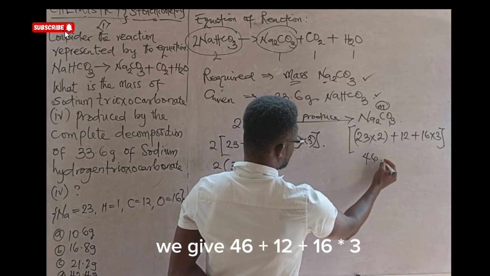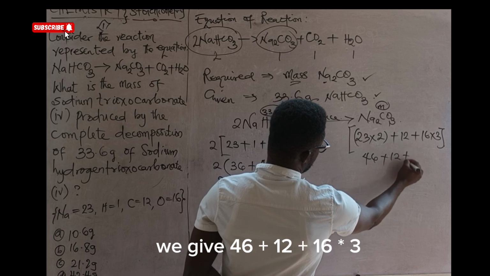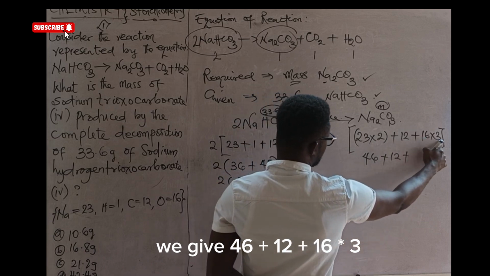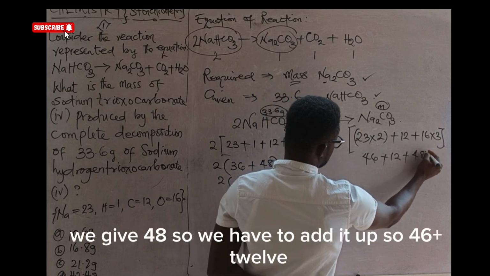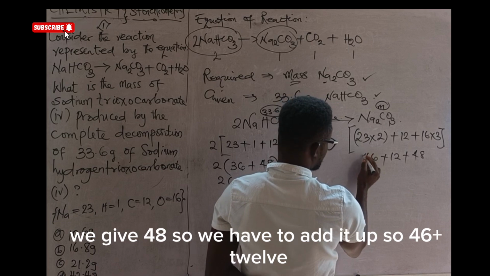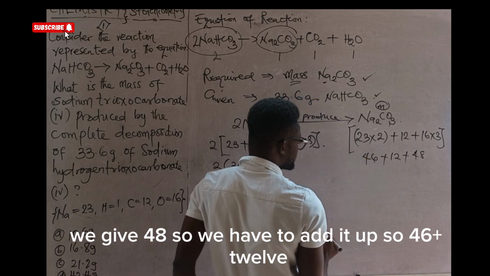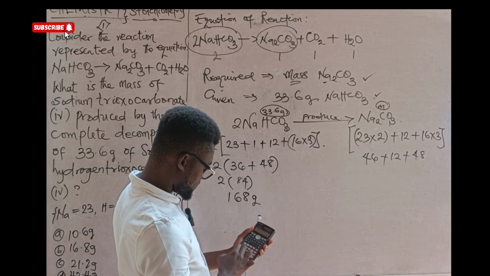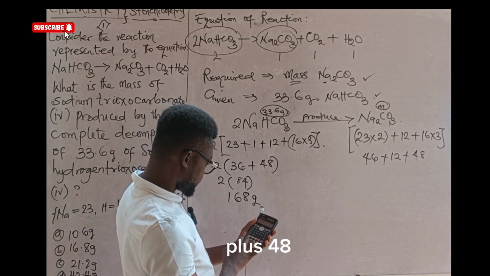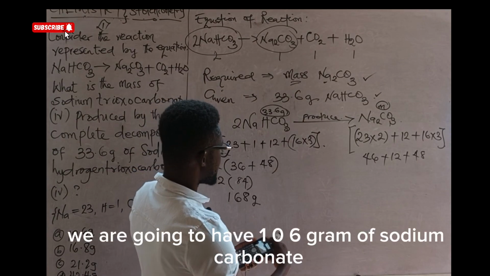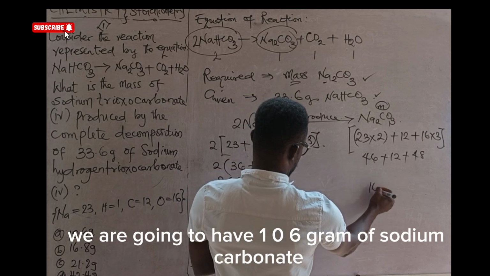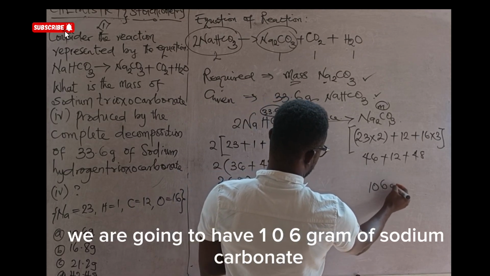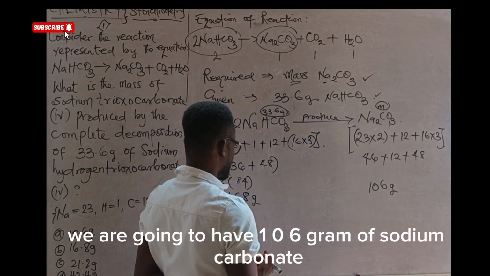We give 46 plus 12 plus 16 times 3. We give 48. So we have to add it up. So 46 plus 12 plus 48. We are going to have 106 grams of sodium carbonate.